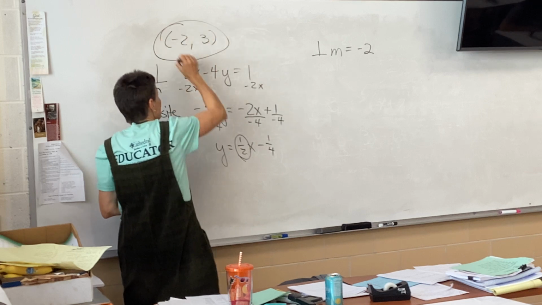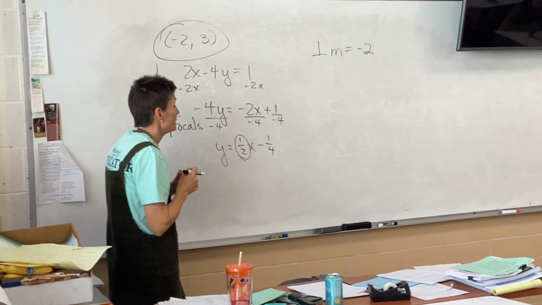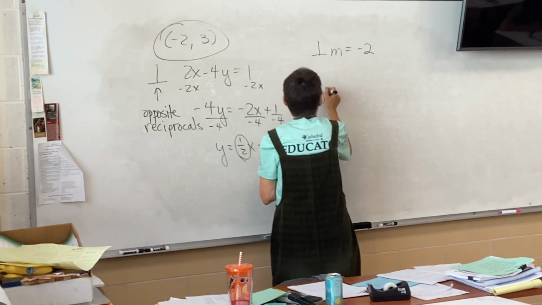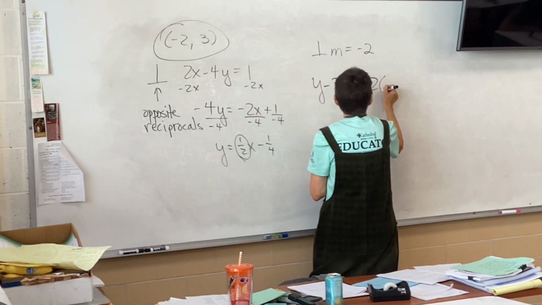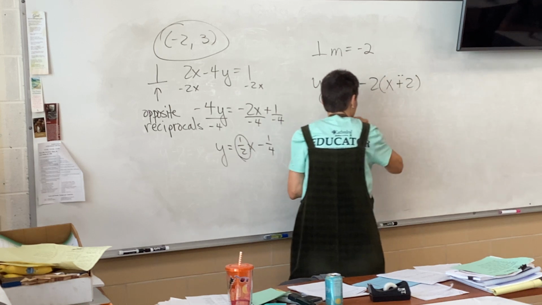This is your point. You don't have a choice this time. You only have 1 point. So y minus 3 equals negative 2x plus 2. Again, this is minus minus.